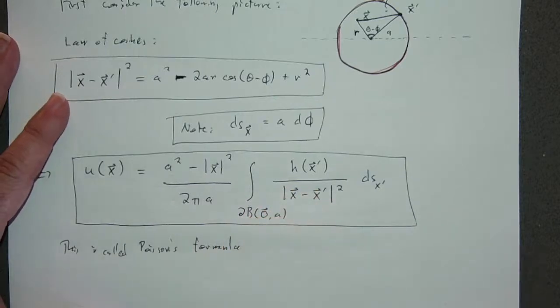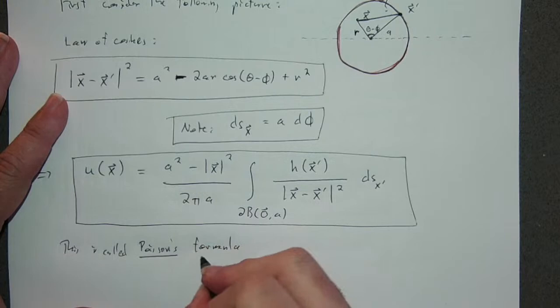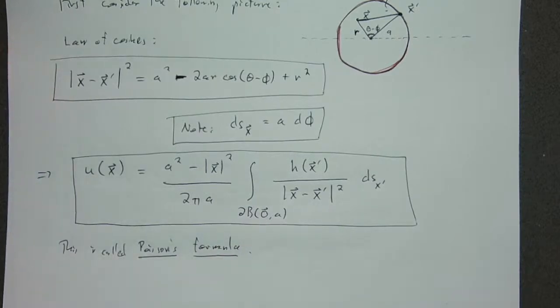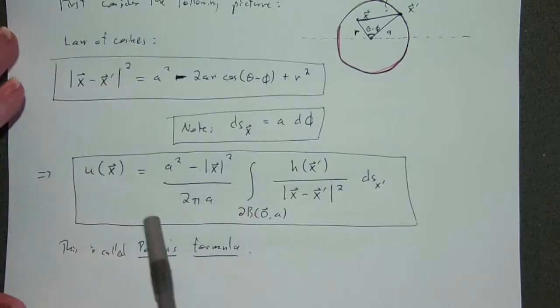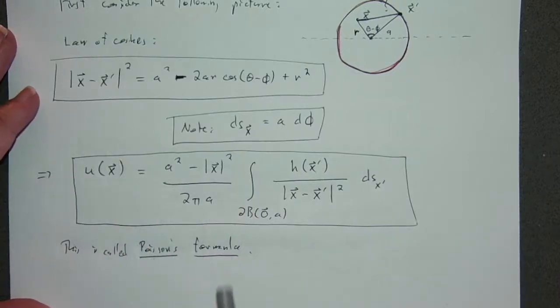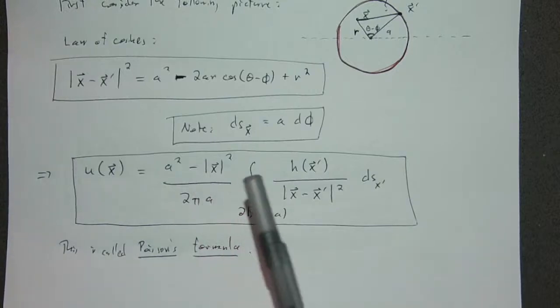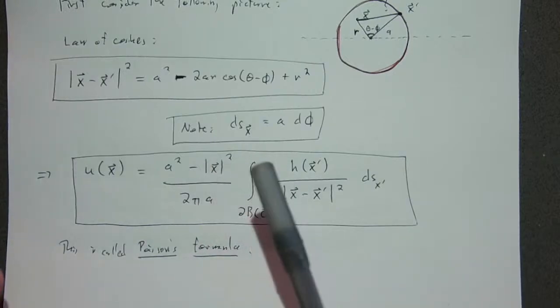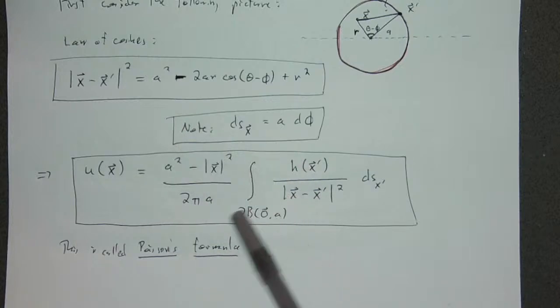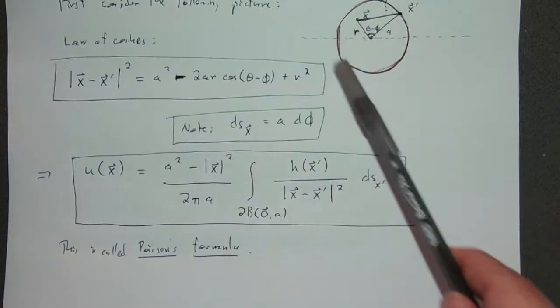I want to note a couple of things here. One, note that when we were talking conceptually about what we might expect out of the behavior of a solution like this, notice that this expression involves in some way an average taken over the boundary.